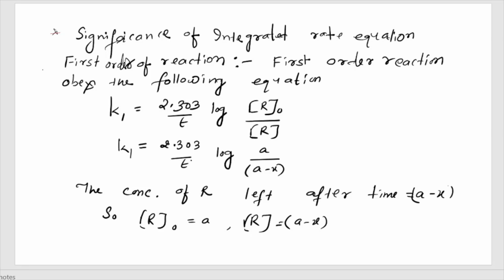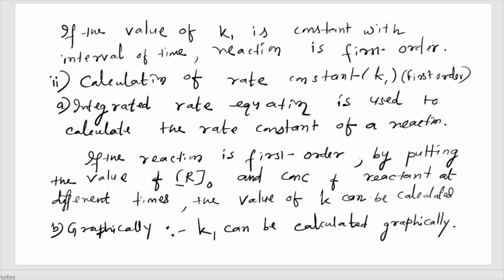Instead of R0 you can put A, the initial concentration, and R equals A minus X. If the value of K1 is constant for 3 or 4 values, then it is first order.